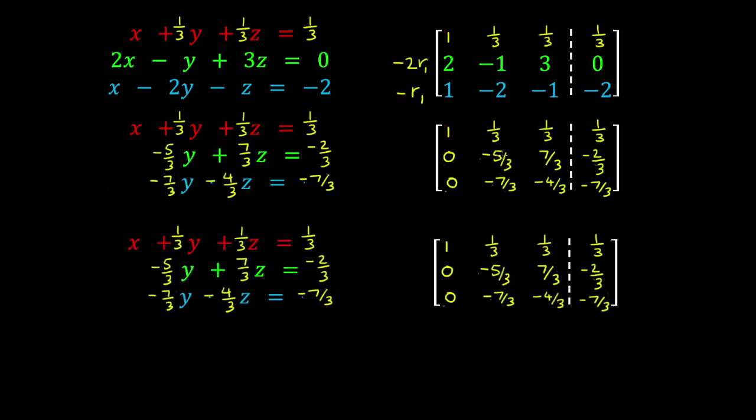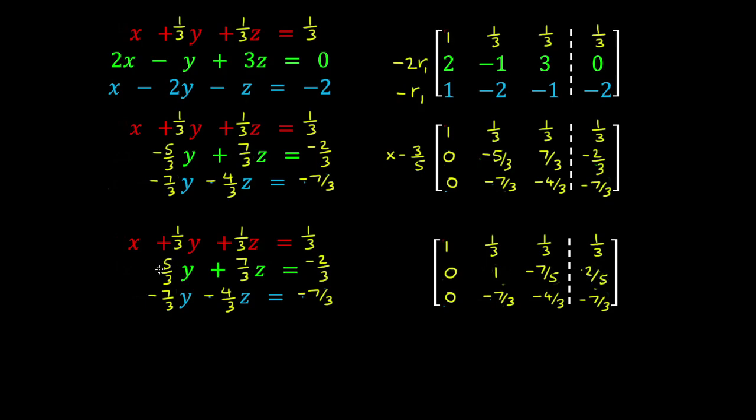So in the next step, we're going to get rid of the coefficient of y. So we'll multiply row 2 by minus 3 on 5. So we have 0, 1, minus 7 on 5, and 2 on 5.